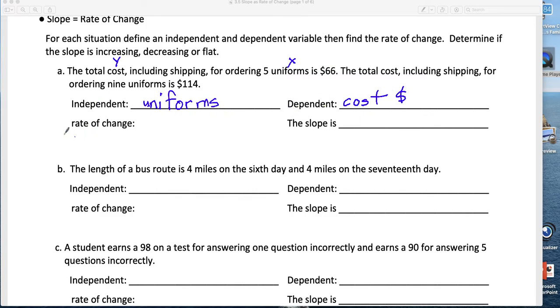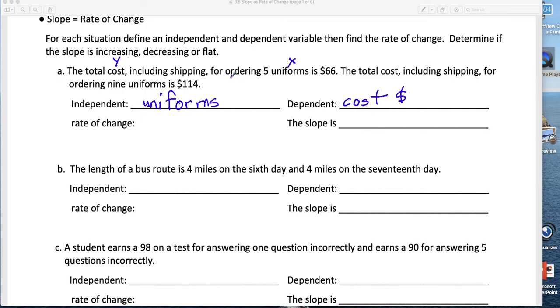All right, now in order to use the formula for finding slope, I have to have 2 points. So let's see if we can find enough information up here to get 2 points. I've got 5 uniforms at $66, and I've got 9 uniforms at $114.